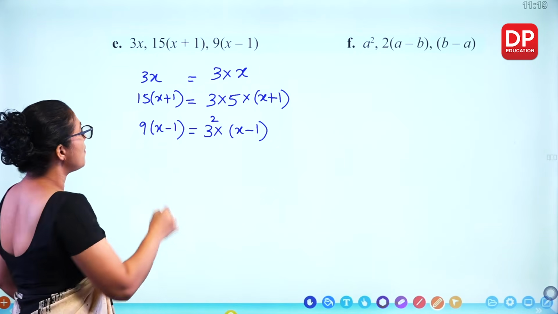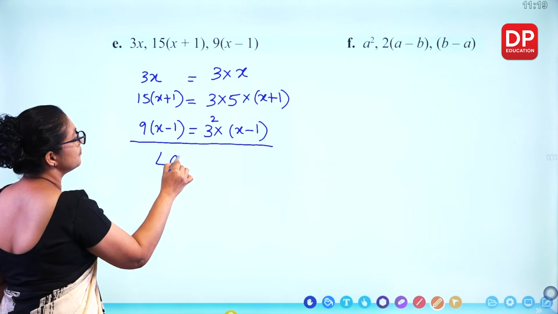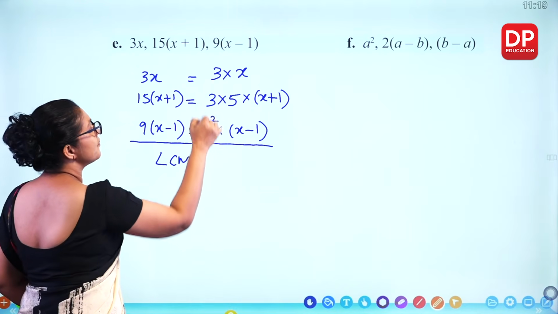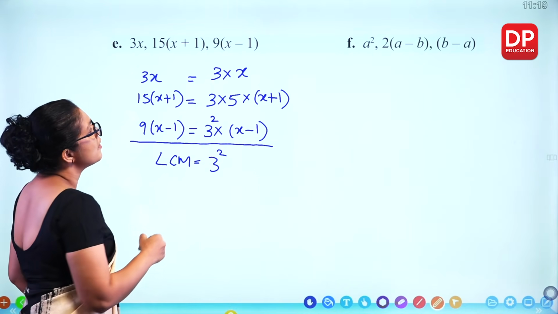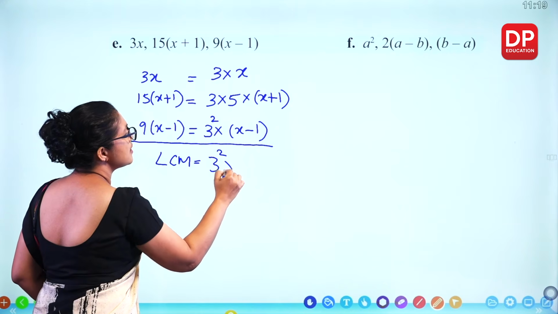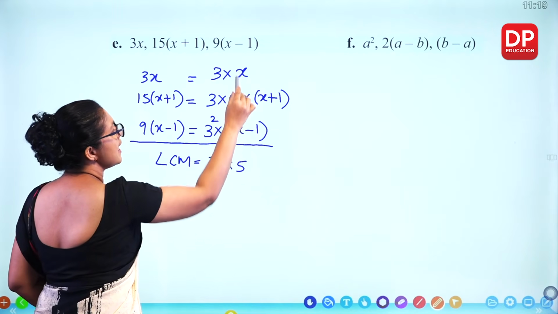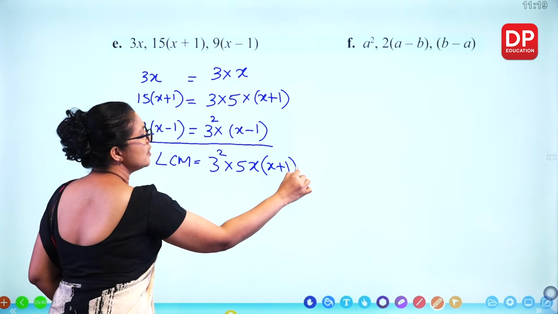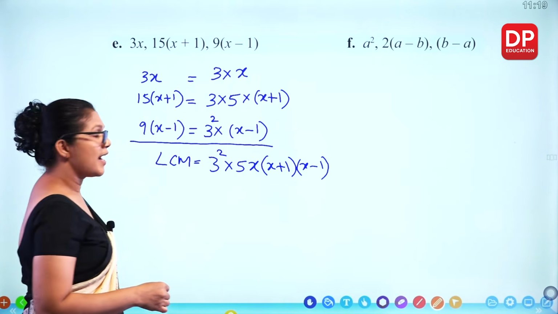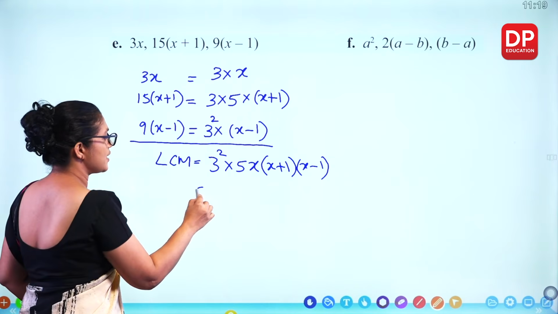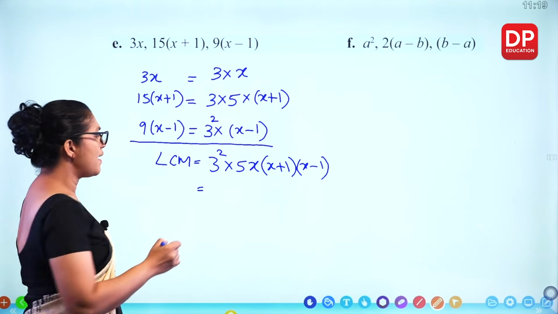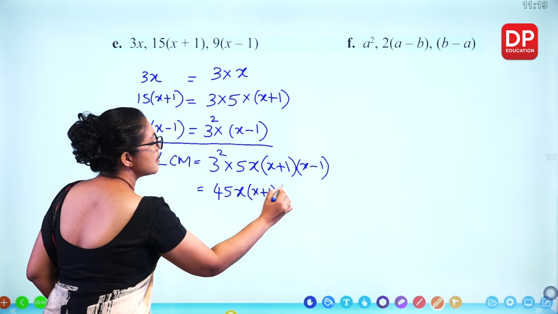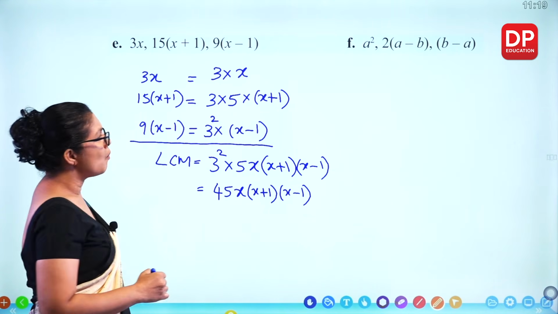So what's the lowest common multiple of these 3? What's the maximum power of 3? That's 3 to the power 2. What's the maximum power of 5? You get 5. And here you get x term, you get x plus 1 and also x minus 1. So you have to write down all the terms. So what is 3 squared? 9. 9 times 5, 45. X plus 1, x minus 1.